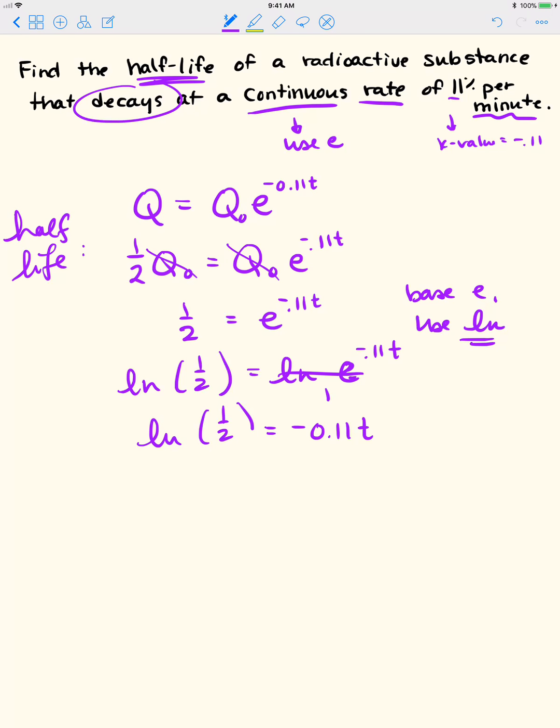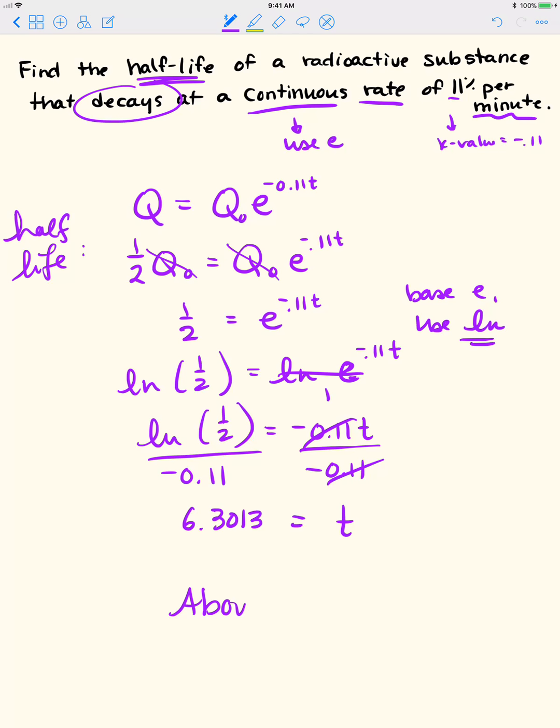You have natural log of half on the left-hand side. And then if you divide both sides by negative 0.11, you get the natural log of half divided by negative 0.11. You get a t-value of 6.3013. This was in minutes, so it's a little over 6 minutes.